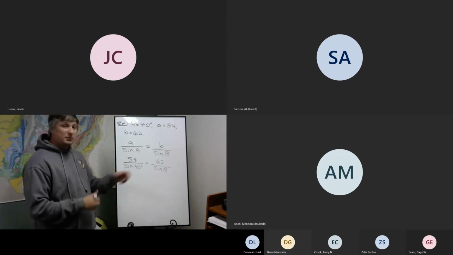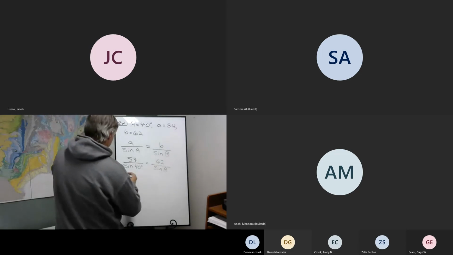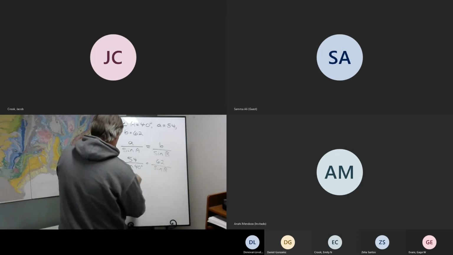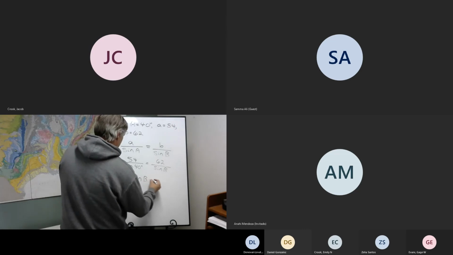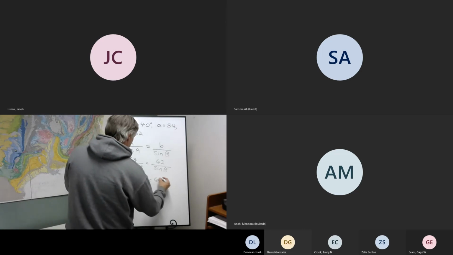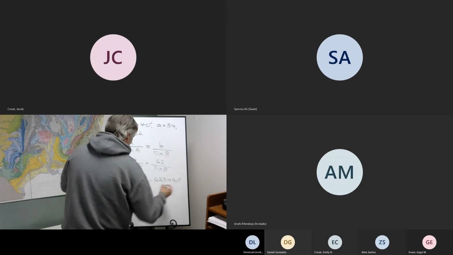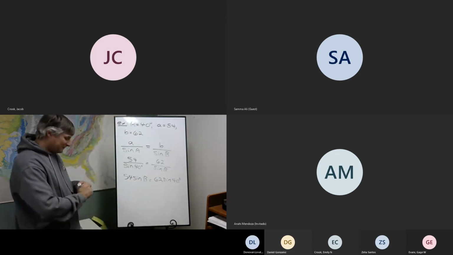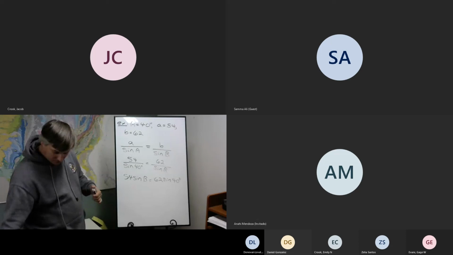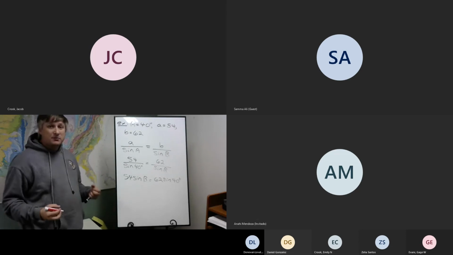So we could cross multiply. 54 sine of B is 62 sine of 40 degrees. Divide both sides by 54.